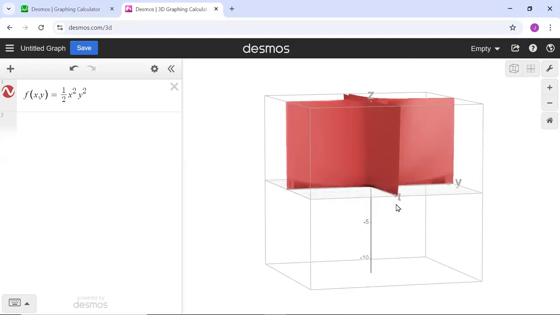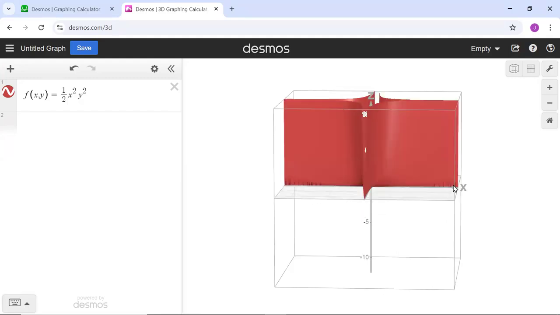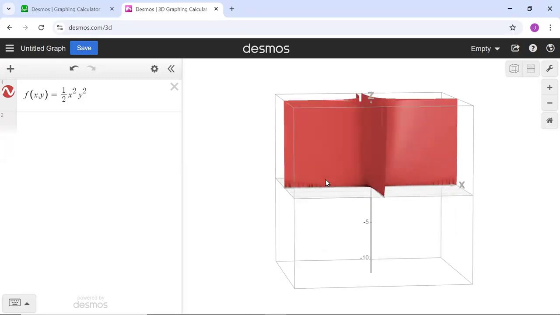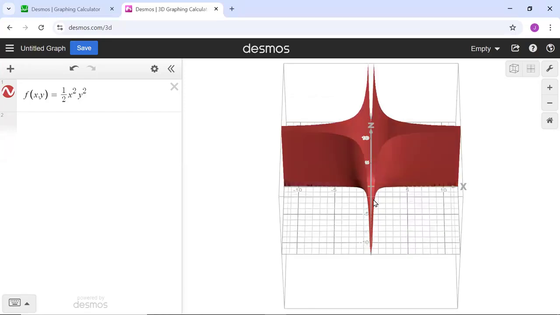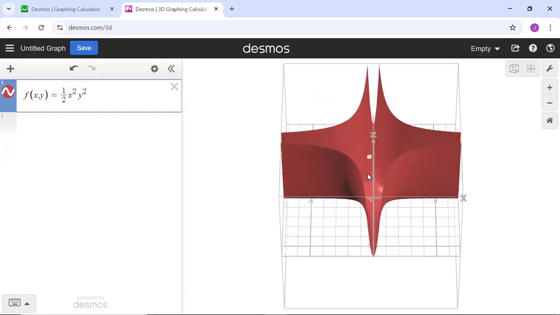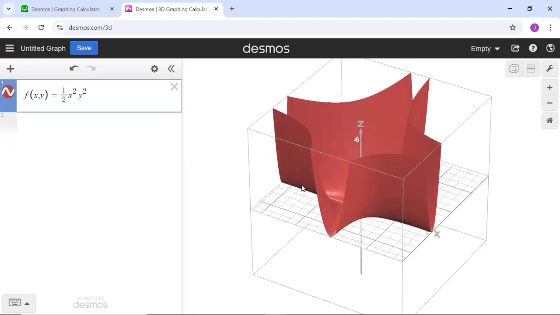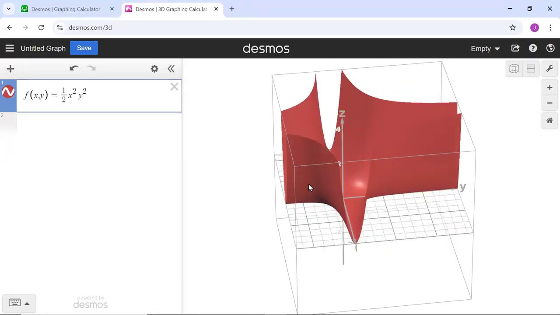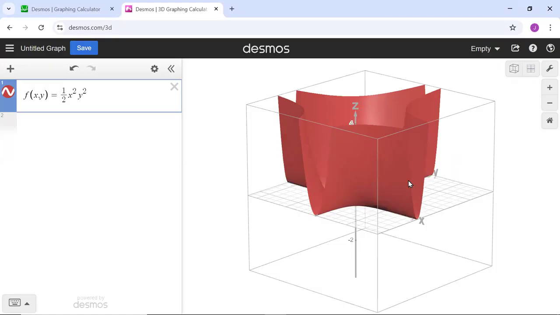When x is 0, you're along the y-axis. When y is 0, you're along the x-axis. So it does look like I'm getting minimum values here. I'm getting all relative minimums for my critical points, but my test, again, was inconclusive. But it does, again, visually look like I'm getting minimums.